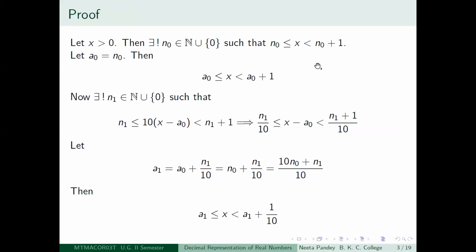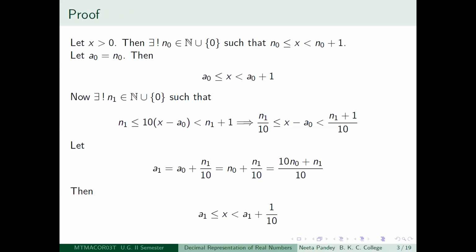This result we proved in the last lecture, and what is meant by this is that n0 is the integral part of x. So we rename n0 as a0 for convenience of notation later on. So this inequality tells you that a0 is less than or equal to x is less than a0 plus 1.